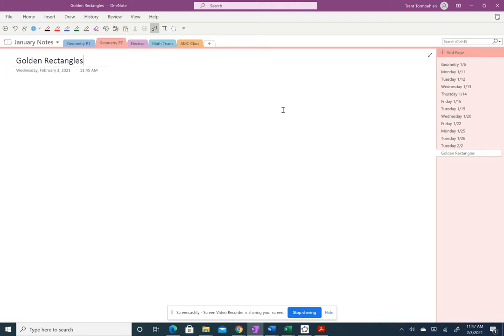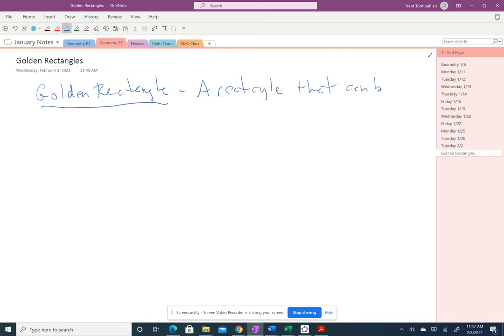So a golden rectangle is a specific kind of rectangle, and the property that it possesses is that it can be partitioned into a square.